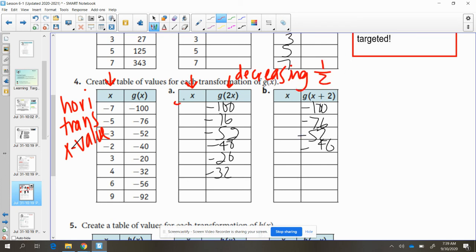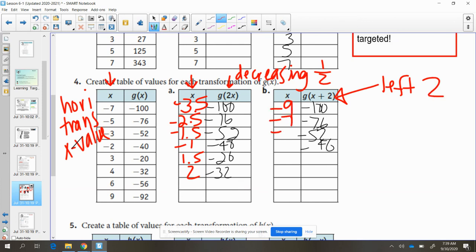So what's happening is these x values from our chart are now being cut in half all the way down here. And over here, again, these are a little bit backwards. We talked about how this plus 2 really is actually shifting it left 2. So all of our x values are really moving to our left each time down the chart.